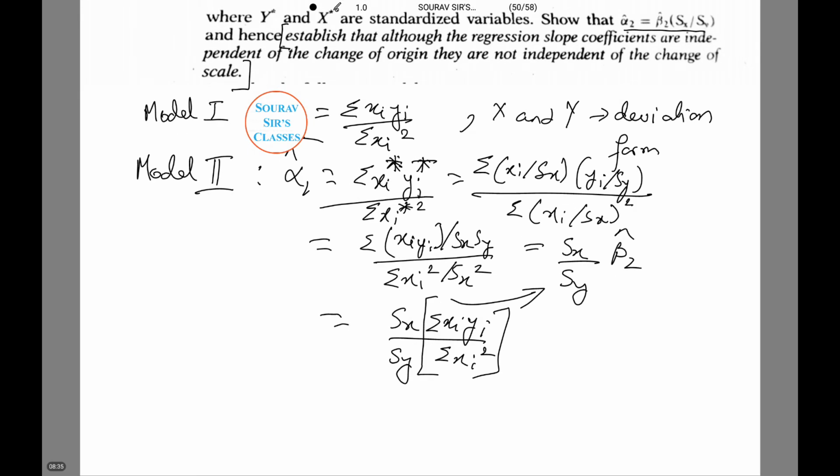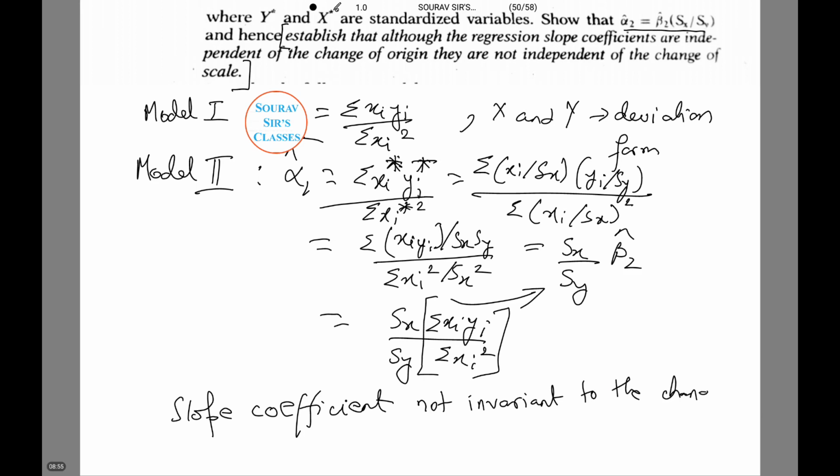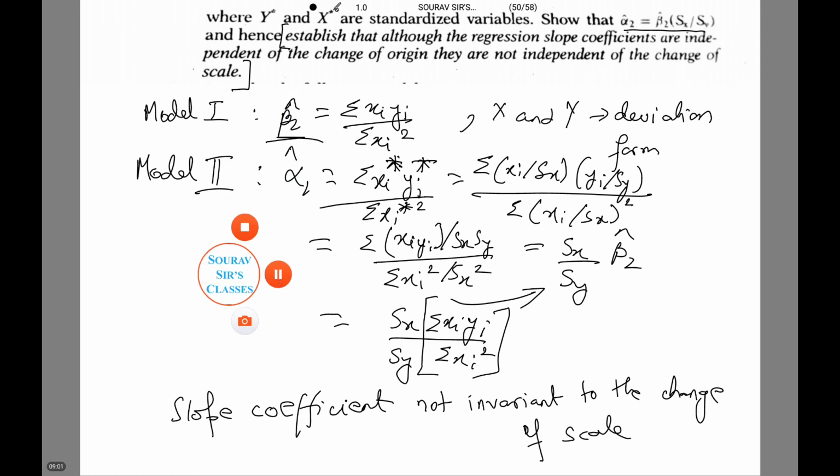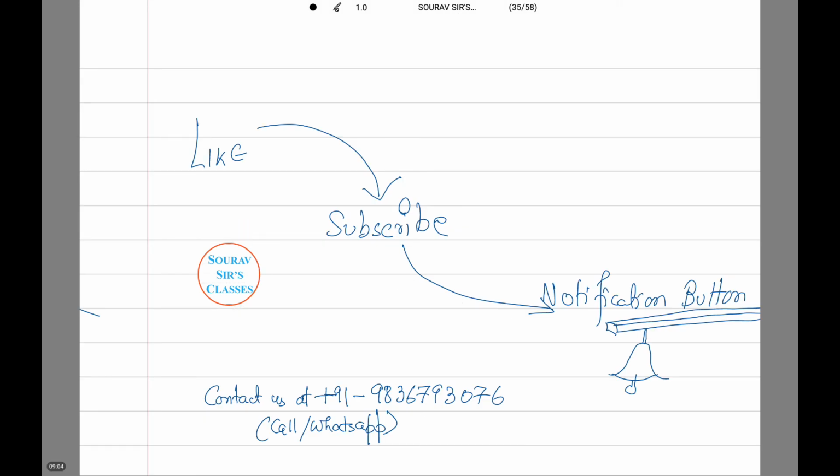This shows that the slope coefficient is not invariant to the change of scale. That was the end to our last question.